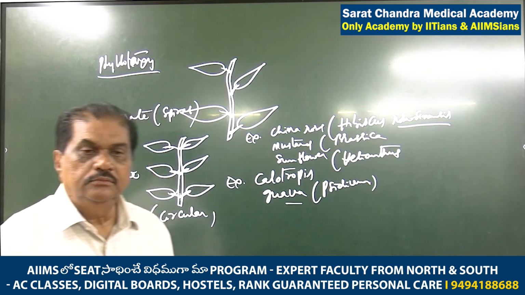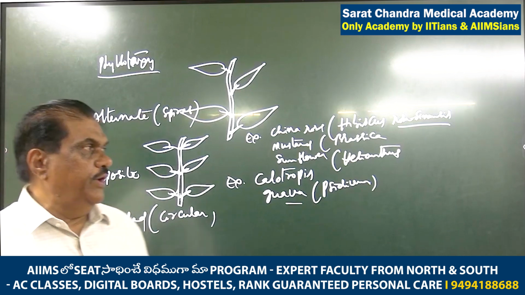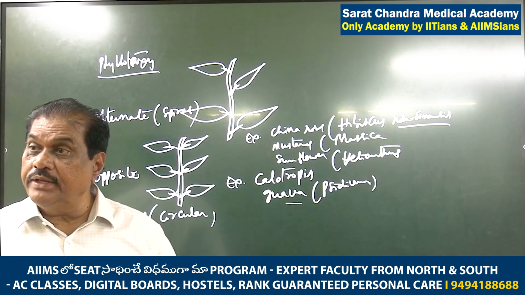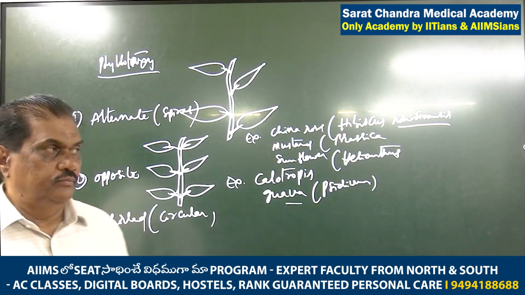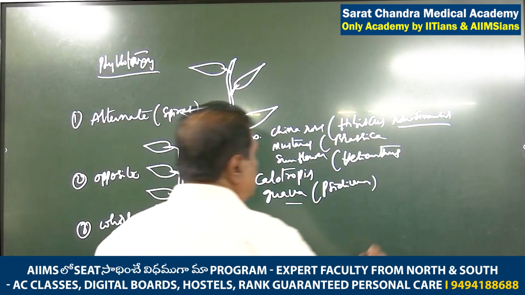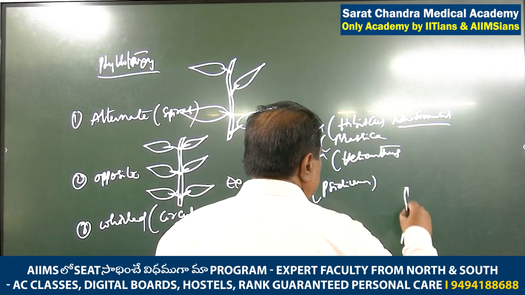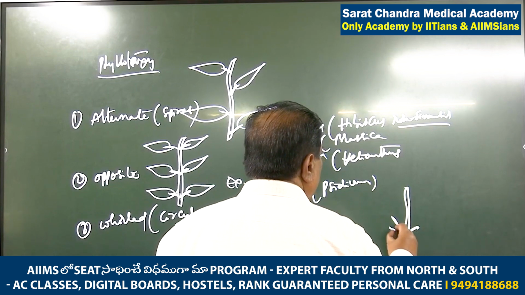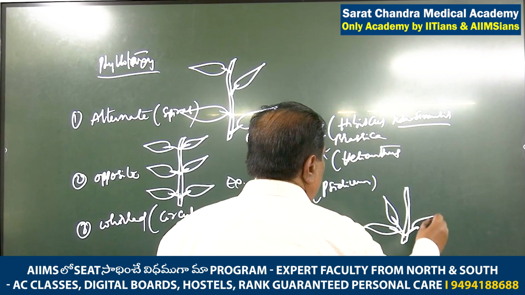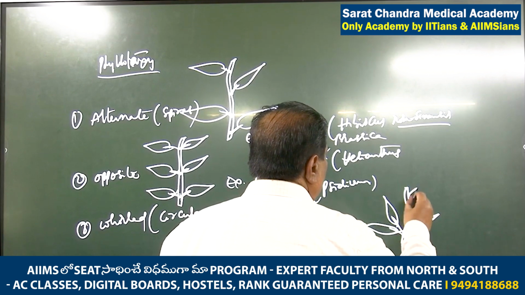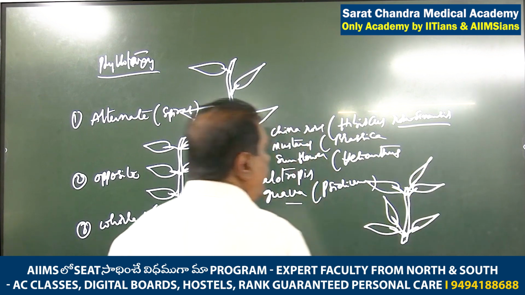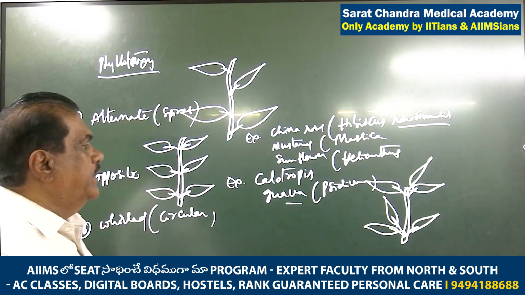Next, the third one, whorled or circular phyllotaxy. What is whorled? Each node having more than two leaves. Like this.